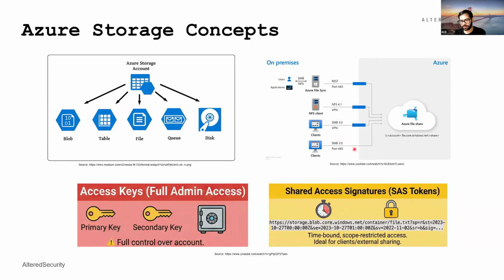SMB is Server Message Block, the industry gold standard for file shares. And because it is accessible over SMB on port 445, it is also compatible with NFS clients using NFS 4.1. It means all your Linux distros like Ubuntu, Fedora, and other supporting operating systems that use NFS can also attach to Azure file share.